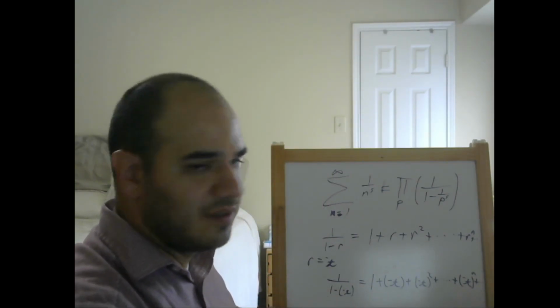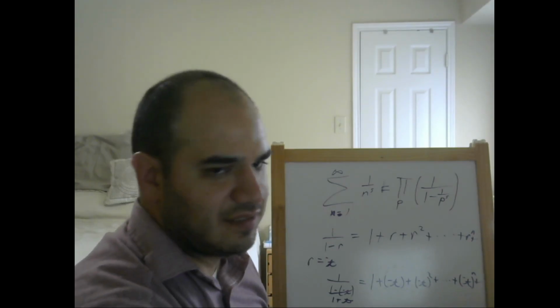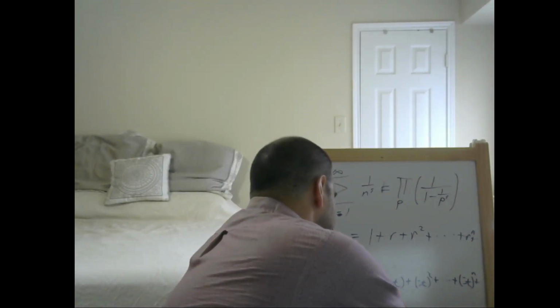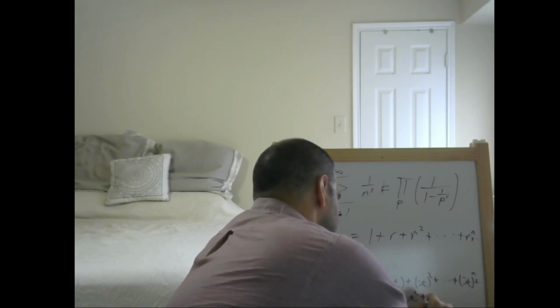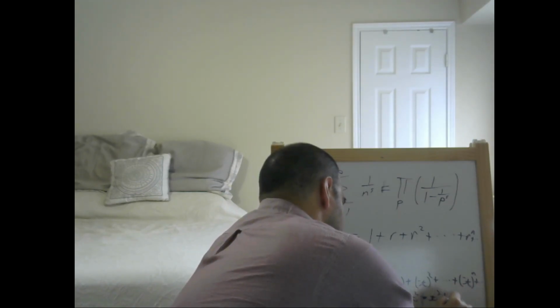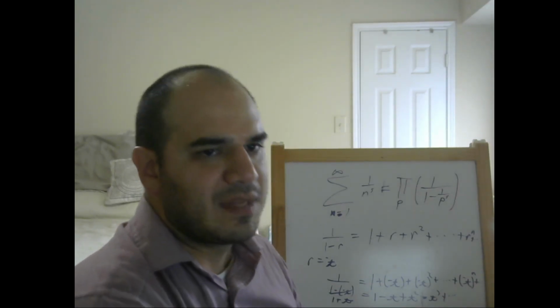So over here, it simplifies to 1 plus t, and then every other term is negative over here. So it's alternating in sign.